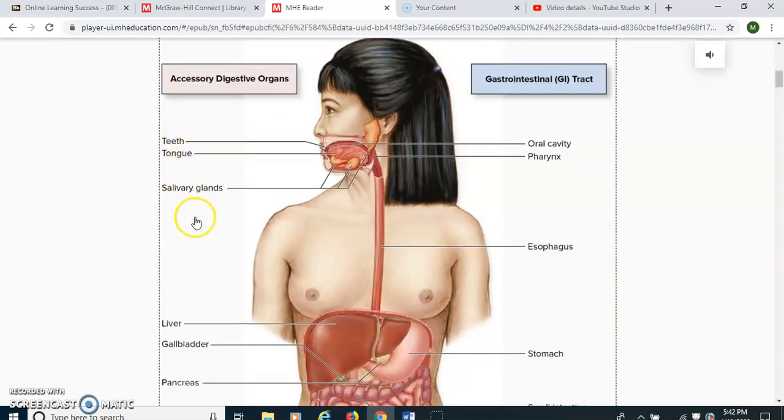Then we have structures that are not actually where food's passing through, but they will aid in the digestion of the material that we're eating. These will vary as far as their role in this whole process, but teeth, tongue, and salivary glands are the ones associated with the oral cavity, so they're all considered accessory digestive organs.